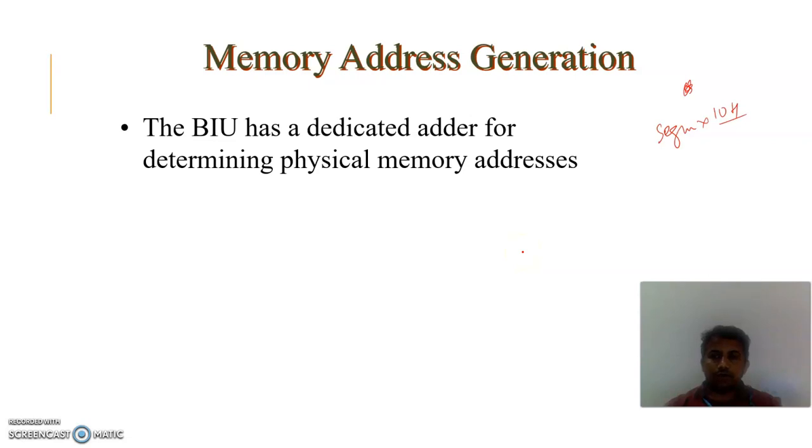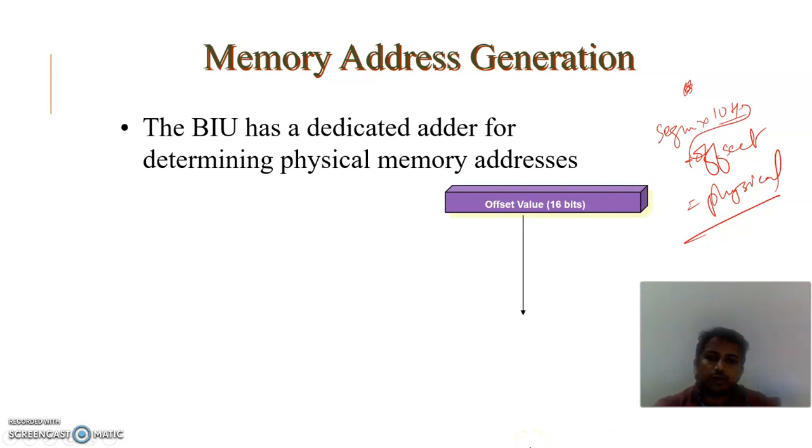It will multiply with this value and add the offset address. This segment times 10H plus offset address gives the physical address. This concept is taken into consideration for generation of the memory address.